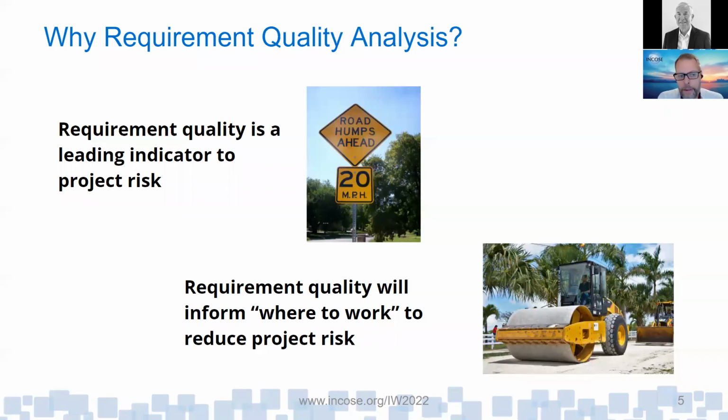So why put in the effort? What kind of benefit can we get from analyzing the quality of requirements? There are several studies out there that attribute project overruns, both in schedule and cost, and even creating the wrong system, to issues with requirements.